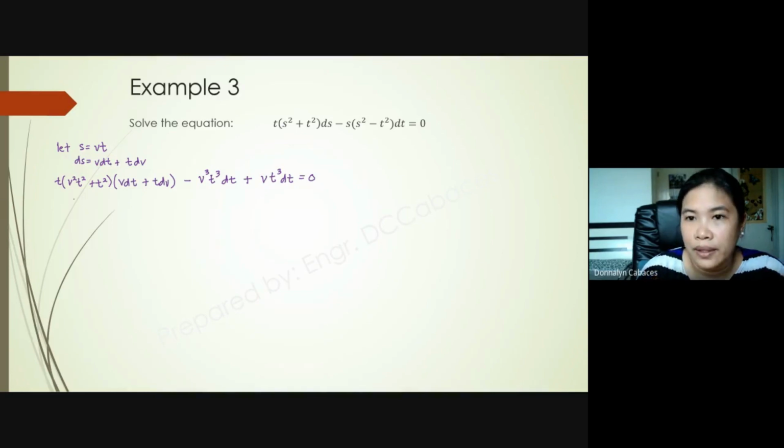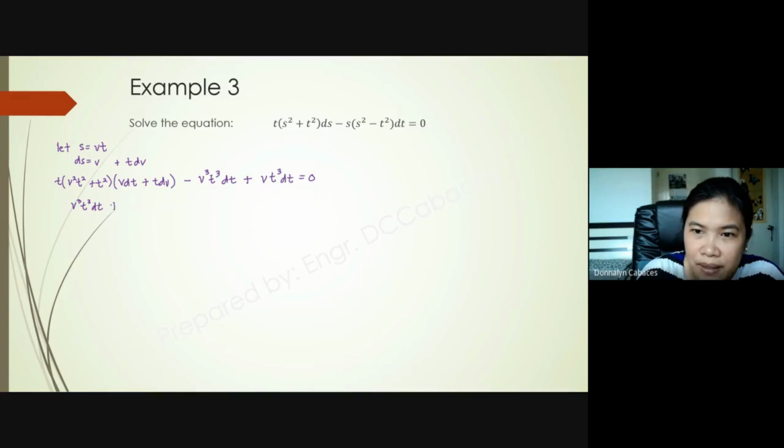Okay, so let us now simplify. This term times this, so that is v cubed t cubed dt. Then this term times this, that is v squared t to the fourth, is it correct? v squared, then t cubed, and then another t. So plus v squared t to the fourth dv.